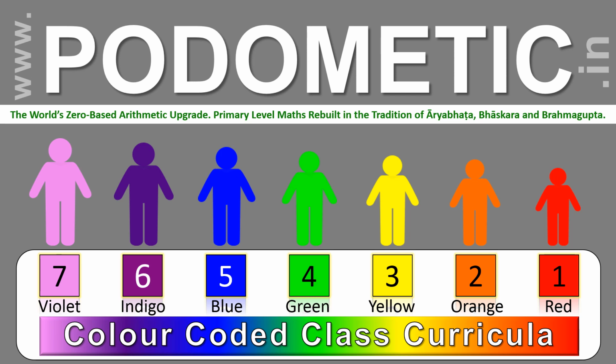So each year of the mathematics curriculum has its own colour, and as it happens I am wearing red. So if you read the fine print underneath where it has Podometic at the top, it says the world's zero-based arithmetic upgrade, and it's a primary level maths rebuilt in the tradition of Aryabhata, Bhaskara and Brahmagupta.